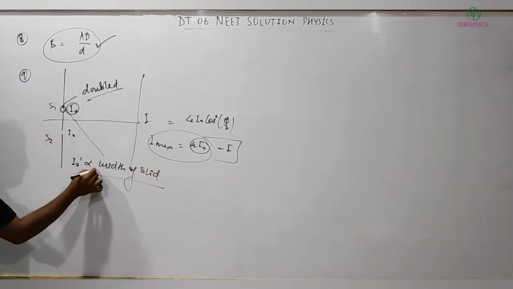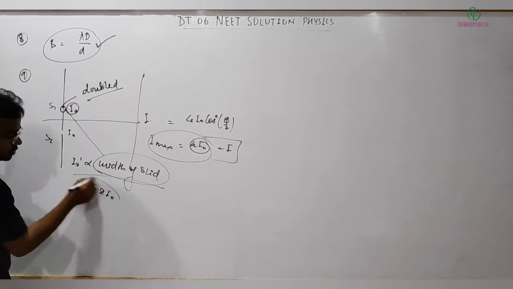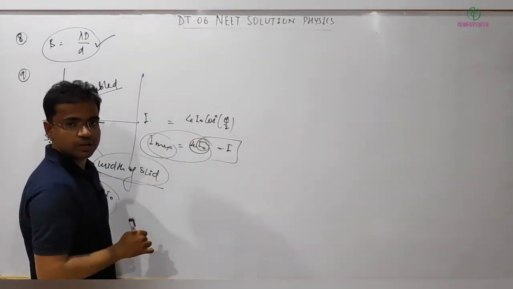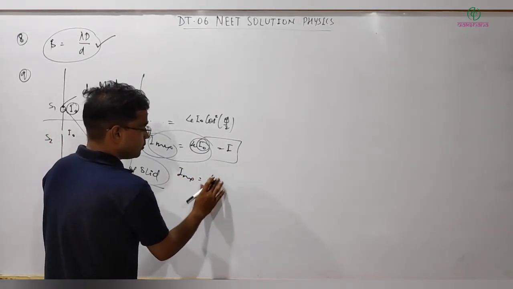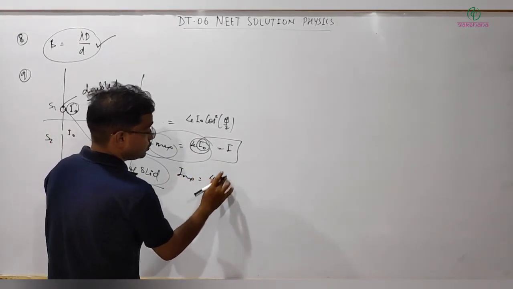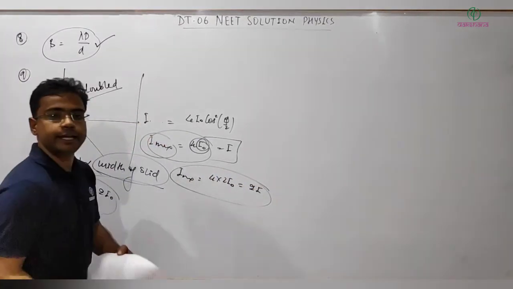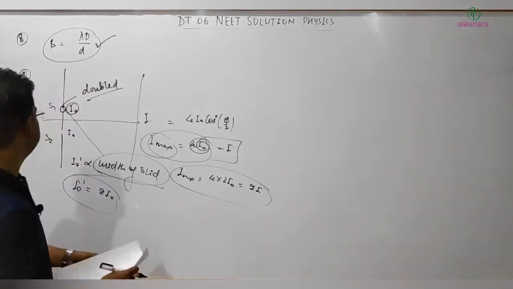So if this is doubled, I naught prime will be 2 I naught, and I max will be 4 into 2 I naught, that is 8 I naught, which is 2 times the initial intensity. Your answer will be basically 2I. So that matches with the fourth option.